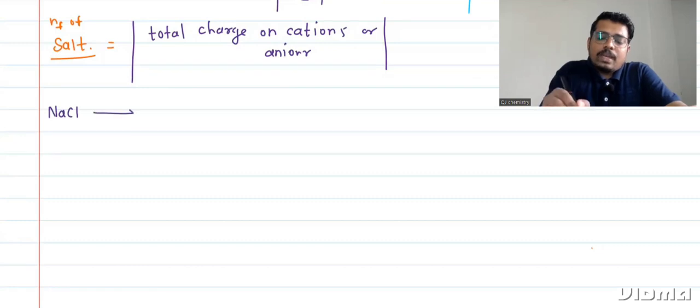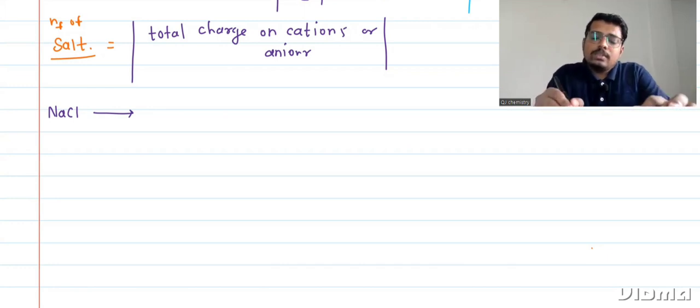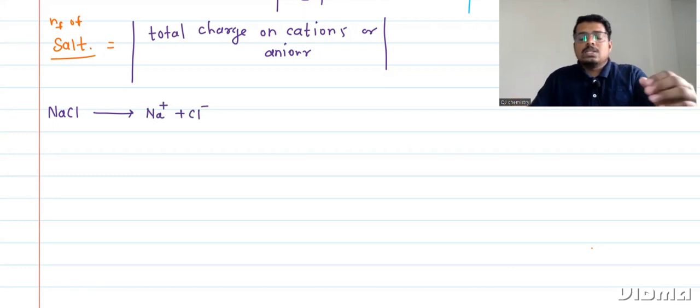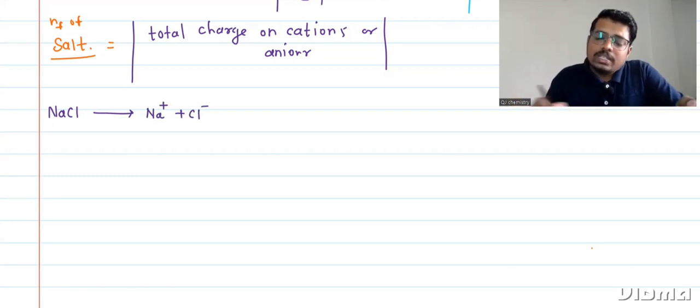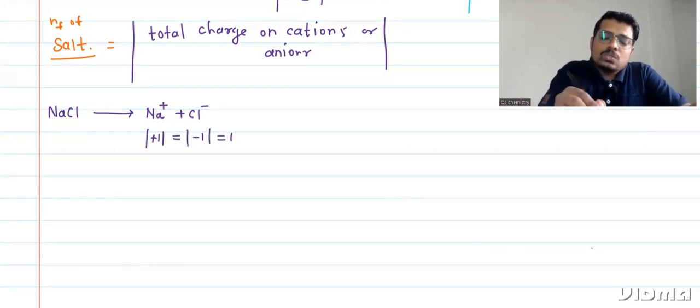NaCl is a salt, and for this NaCl, let us find the total charge on cation or anion. We know that on dissociation it gives Na plus and Cl minus ions. So what is the charge here? Charge on cation is +1, and charge on anion is -1, take the mod only. So n factor is 1. So n factor of NaCl is equal to 1.